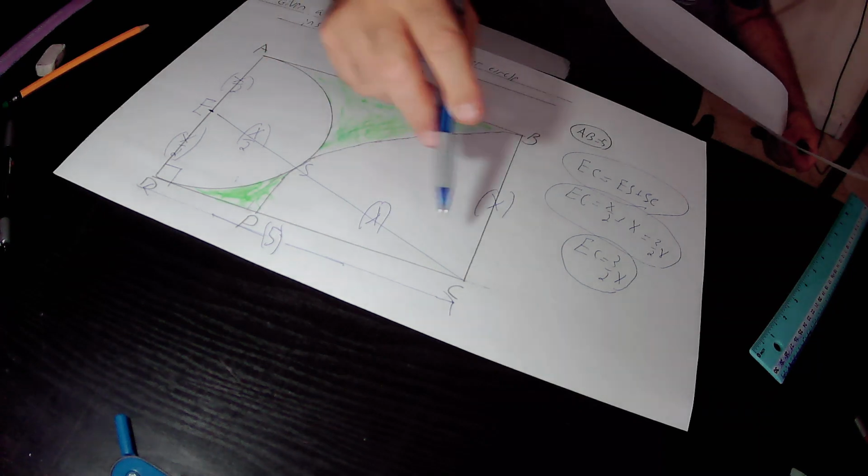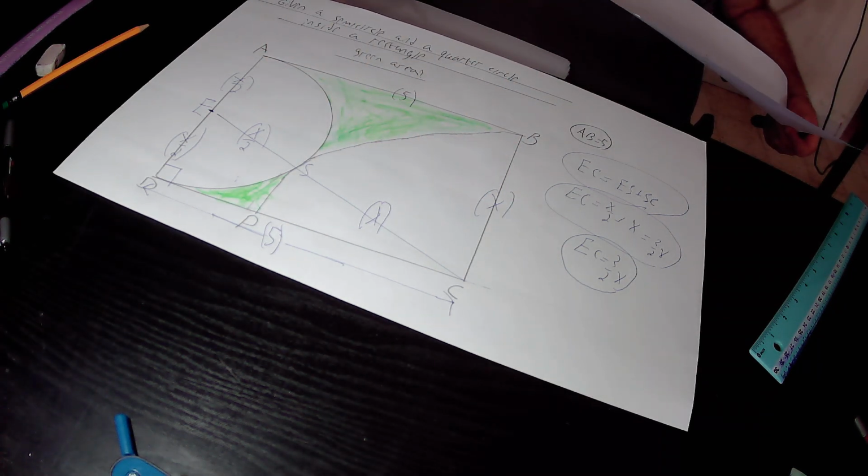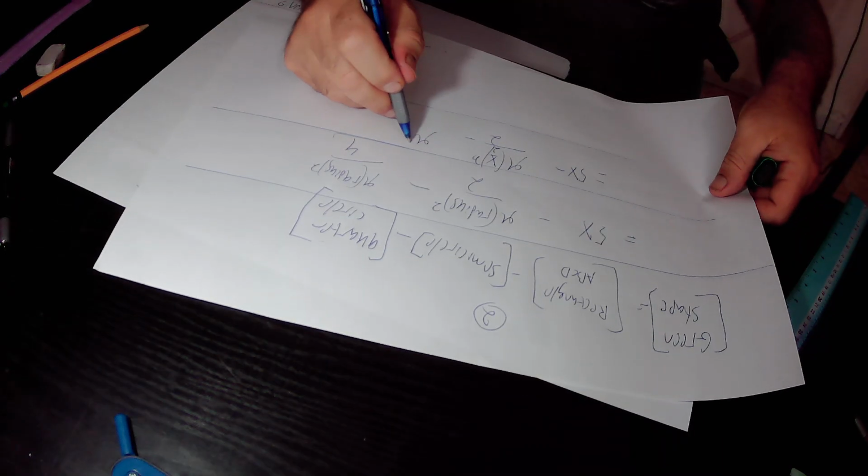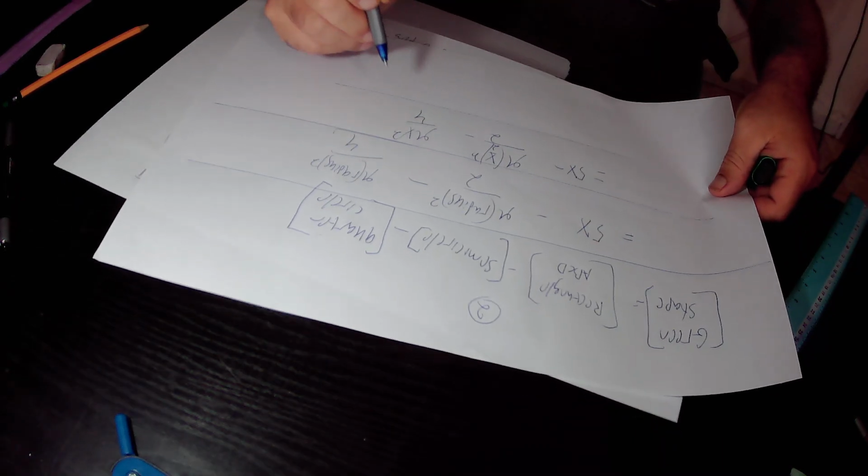The radius of this quarter circle is x, and therefore the area of the quarter circle will be pi times x squared over 4.